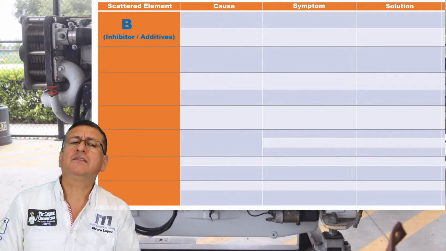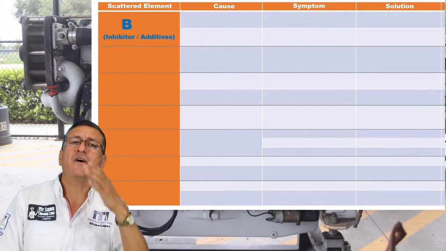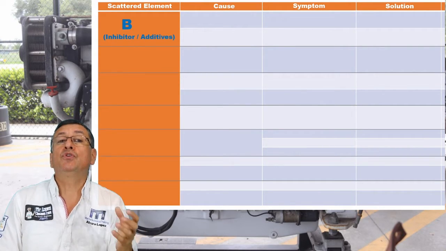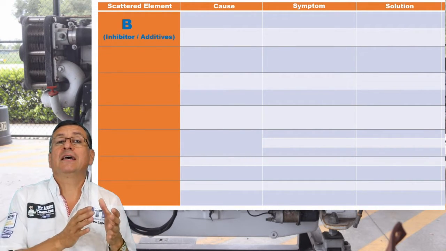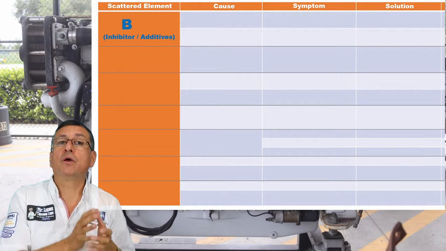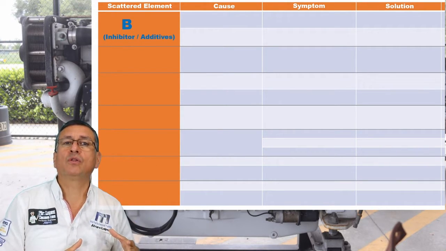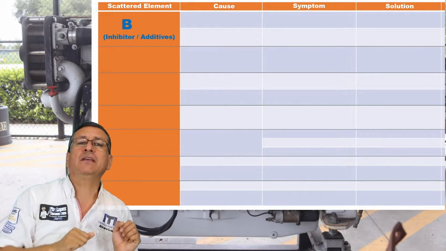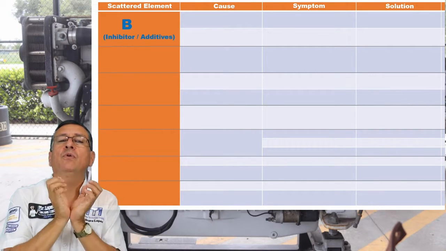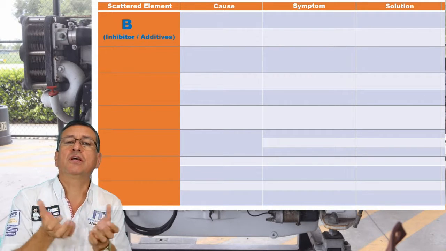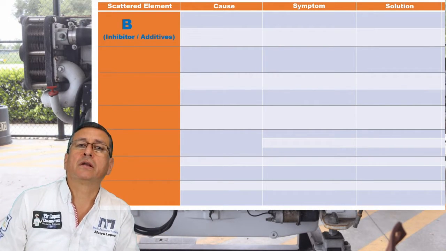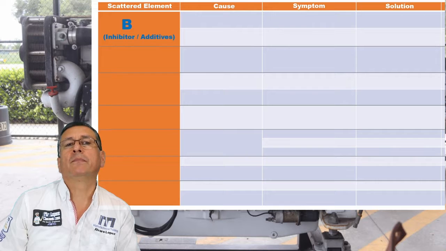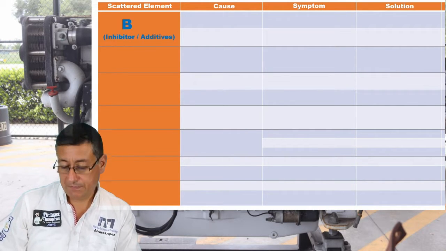All of those additives are good, but the excessive amount of those additives produce a scale on the external walls of the cylinder liners, and scales on the cavities where the coolant is passing, and accumulation of sediments and deposits on the oil cooler, on the reservoir tank.